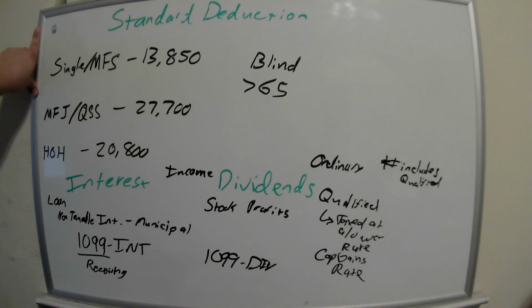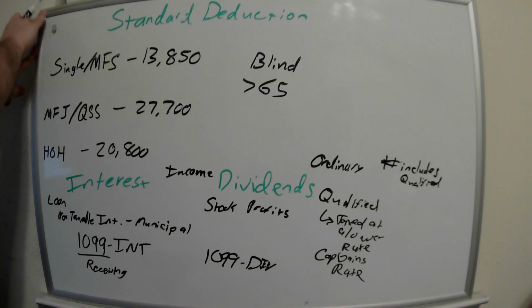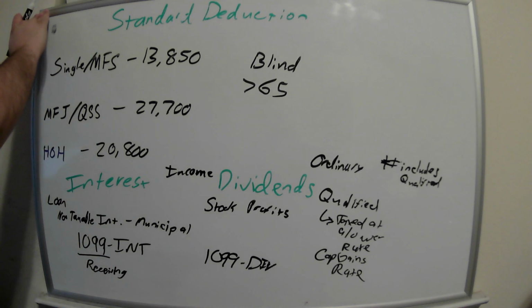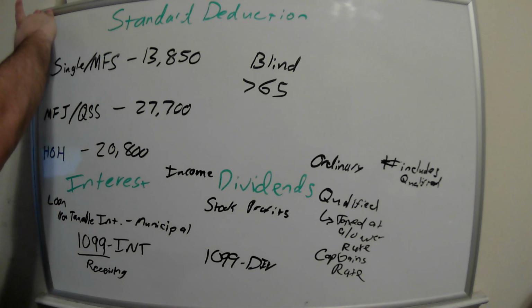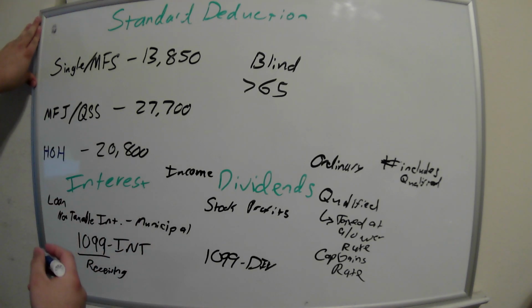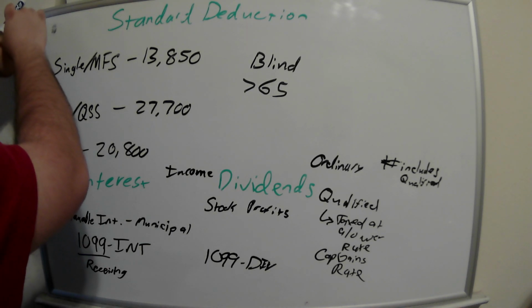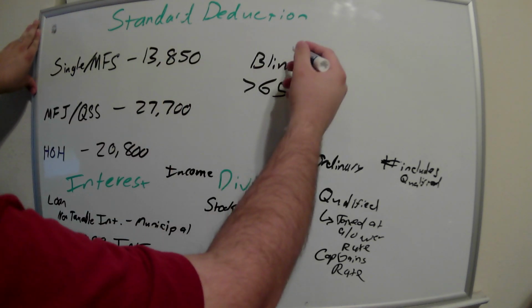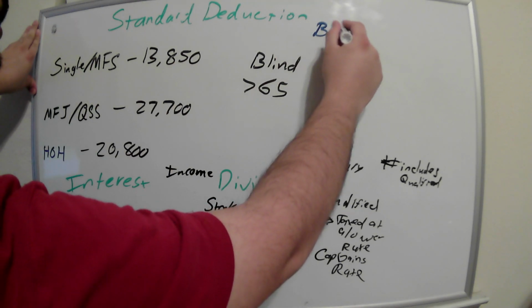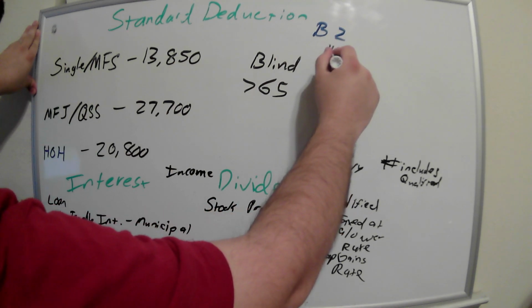Alright, well that is it on this video. Let me get you the question numbers. For the basic exam, standard deduction is numbers 2 and 14.